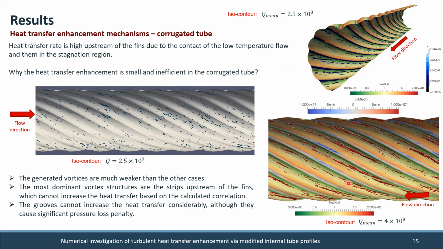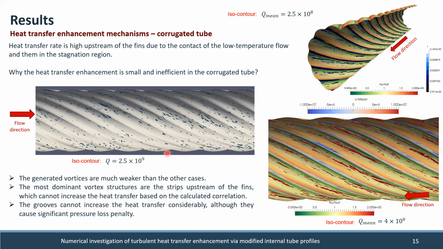The next question that we have is about the corrugated tube. We expected that we should have high heat transfer upstream of the fins due to the contact of the low temperature flow and the fins in the stagnation region. But why is the heat transfer enhancement in this case so low?